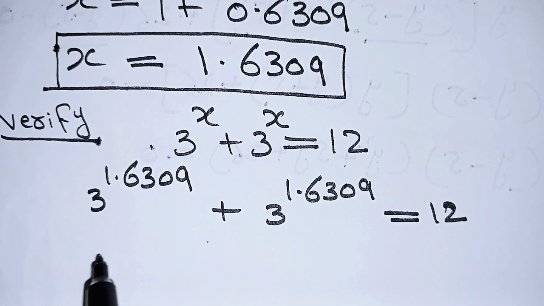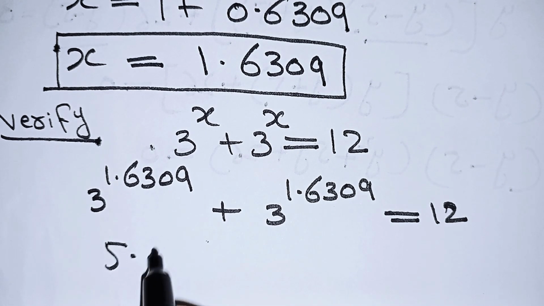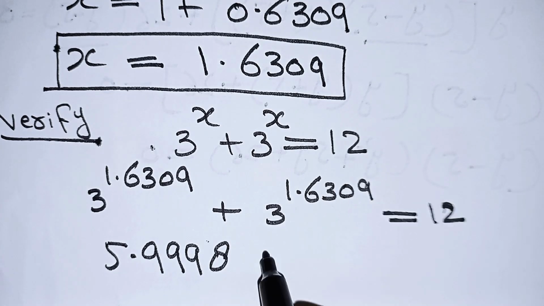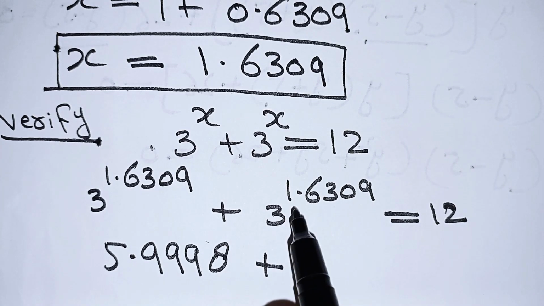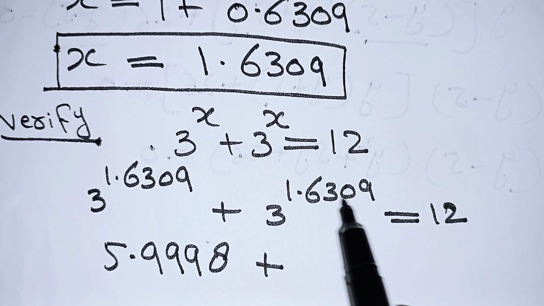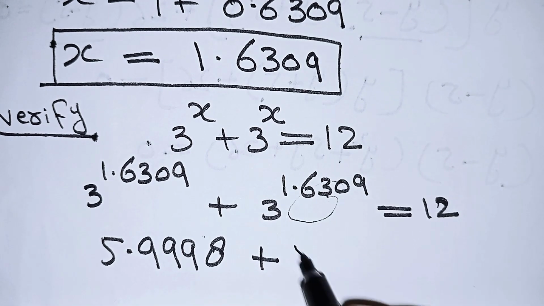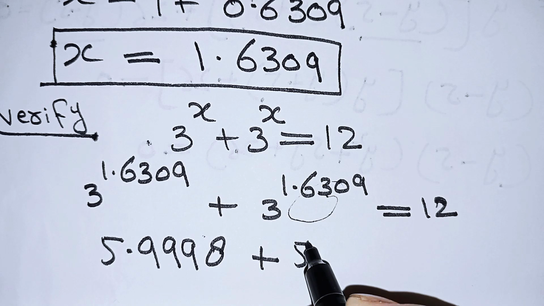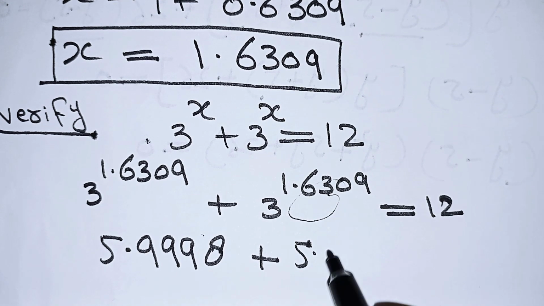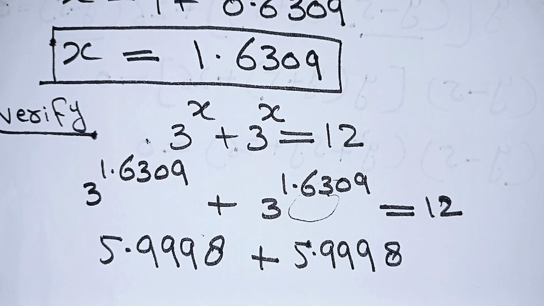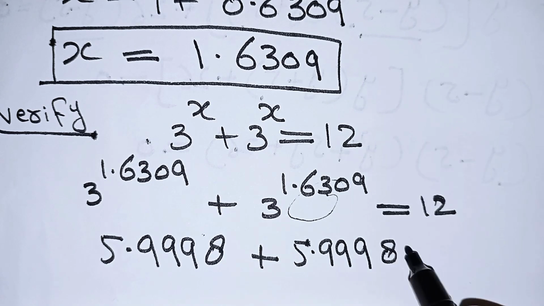The solution is 5.9998, plus 3 to the power of 1.6309, the solution is 5.9998, and is equal to 12.